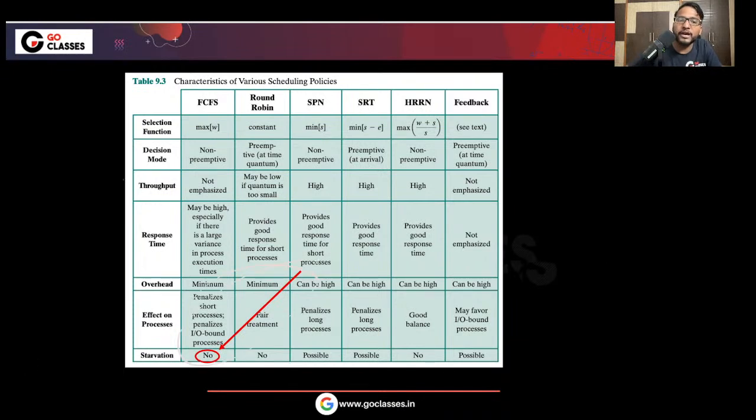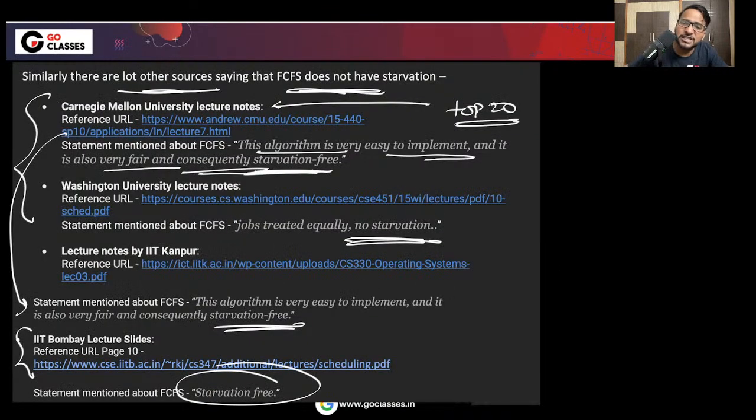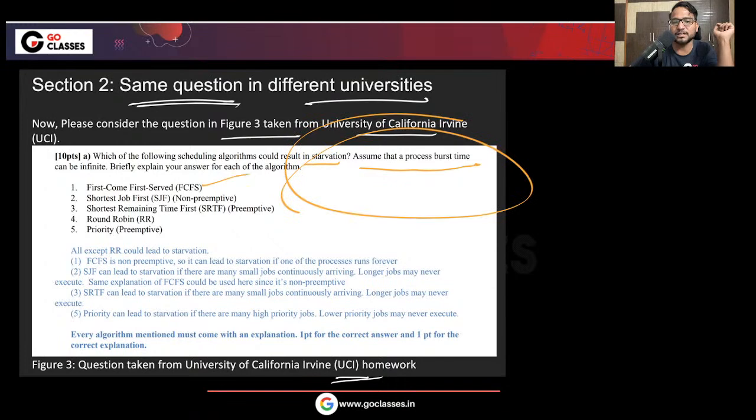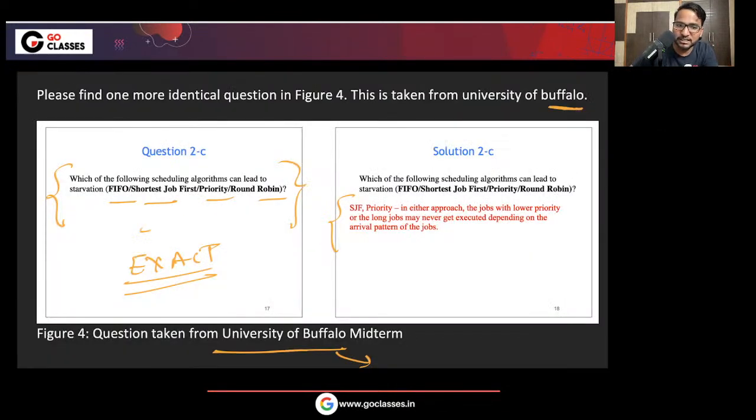It is saying no. It means they have considered every option, but they have taken the default assumption. See, everyone has taken the default assumption. But if you specify explicitly, then this beats your default assumption, and that is why FCFS is the answer. But if you do not specify explicitly, like this is University of Buffalo, if you do not specify explicitly, then FCFS is not the answer.